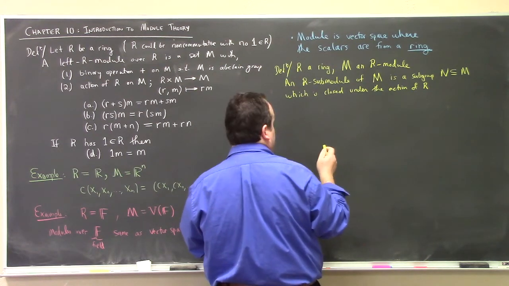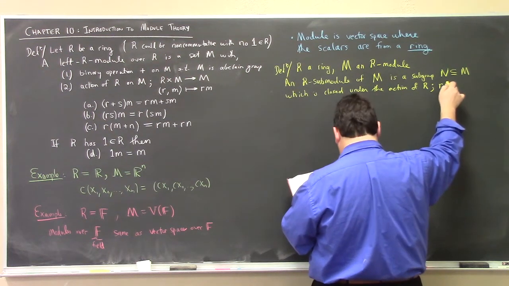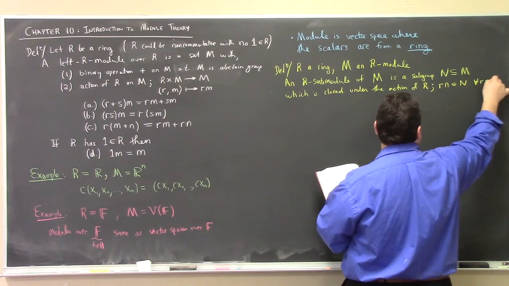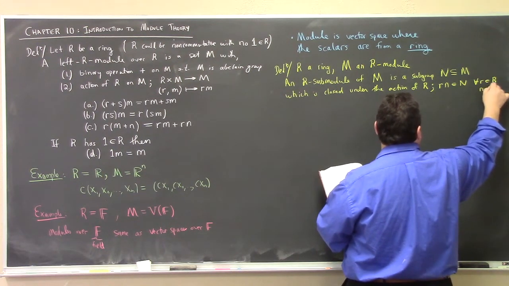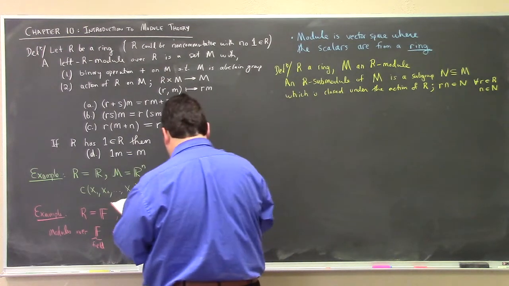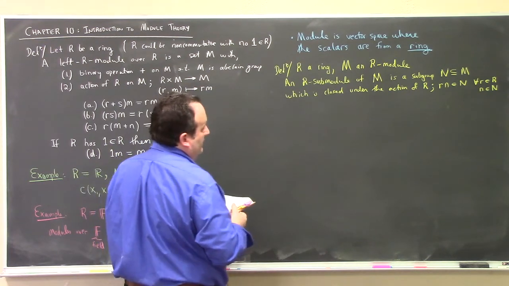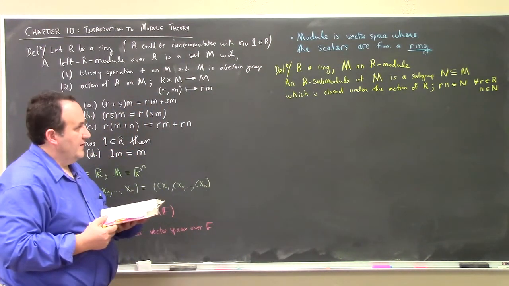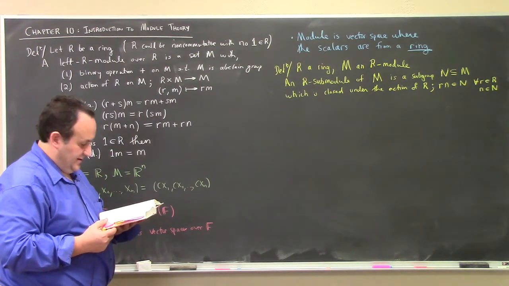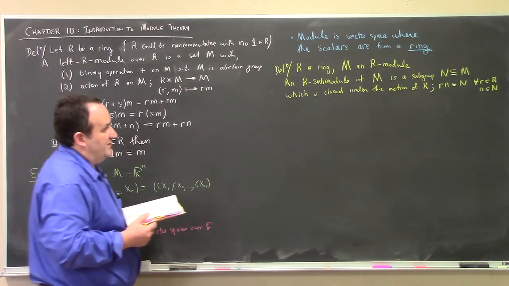Meaning that, what do I mean by that? I just mean that rn is an element of N for all r in R and n in N. All right, so submodules of vector spaces are subspaces. But this is the generalization of the concept of a subspace to a module.